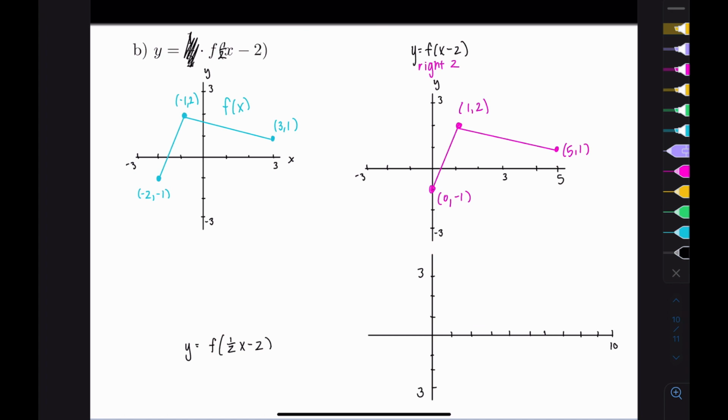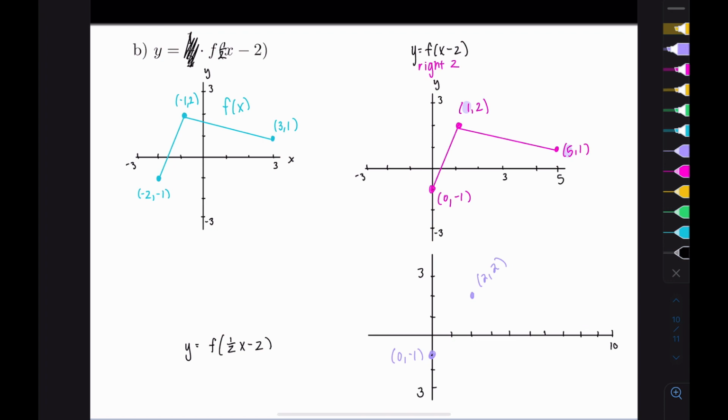So it's still going to go through 0, -1. Okay. But now this point, I'm not affecting the y at all, because again, the 1/2 is attached to the x. And the 1/2 tells me I'm actually going to stretch it by a factor of 2. So this point is actually going to go through 2, 2. It's going to double, right?